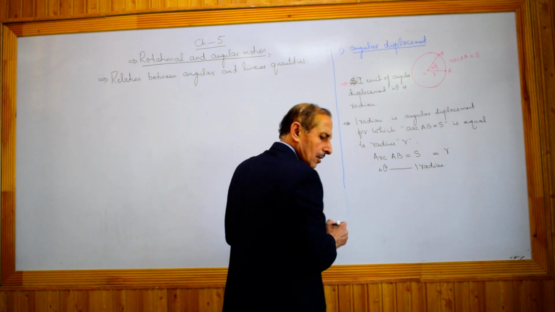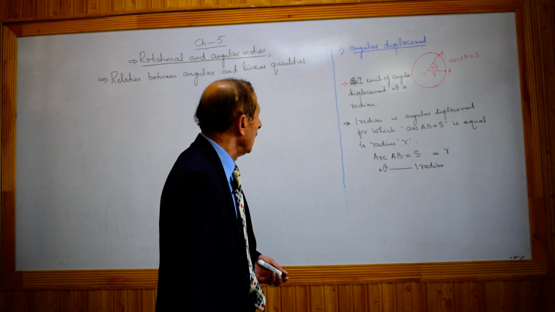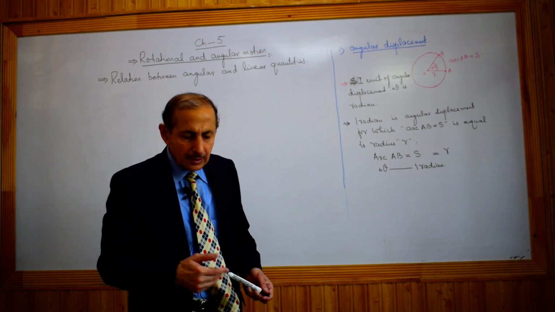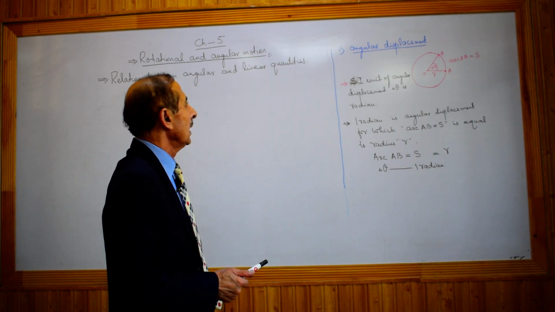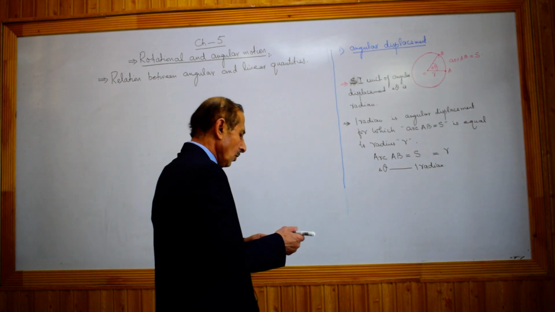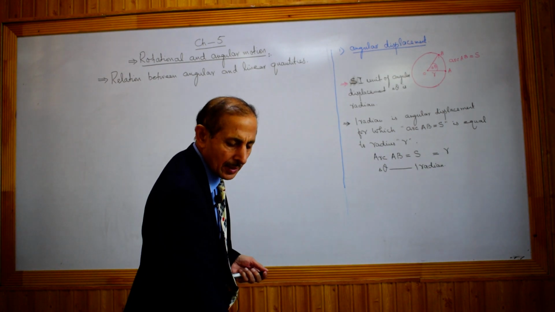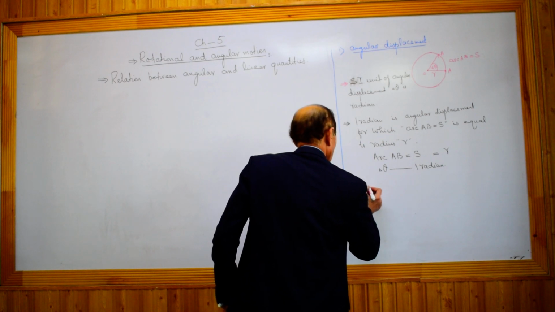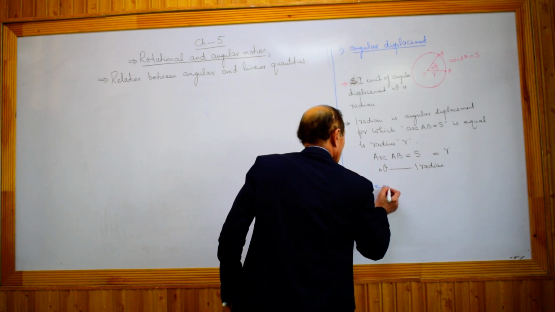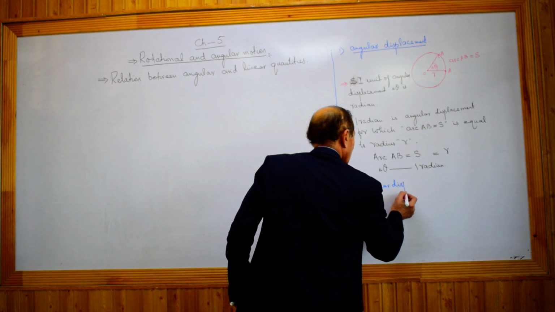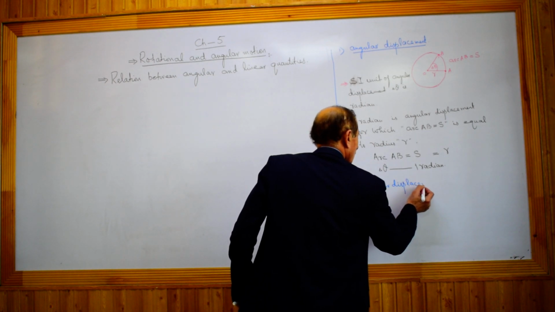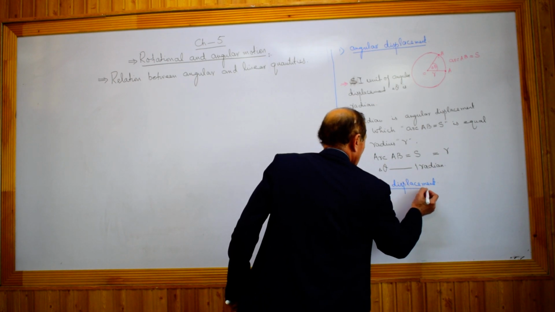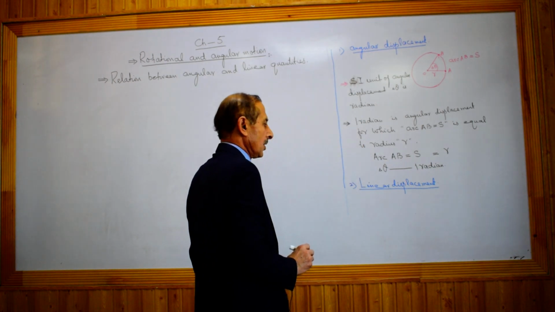Second जो angular quantities है, let me derive the relation between linear displacement. So what do you mean by linear displacement? Linear displacement is the shortest distance between 2 points.